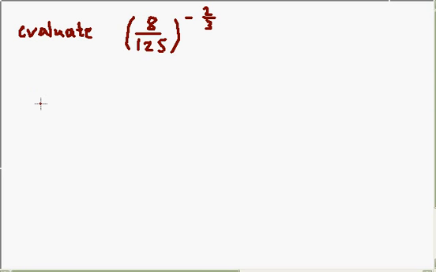First of all, we can write this as 125 over 8 to the 2/3. That is because the negative power allows us to go, well, it's 1 over 8 over 125, so I can flip the fraction upside down. Remember that was from law 3, or rule number 3 if you like.